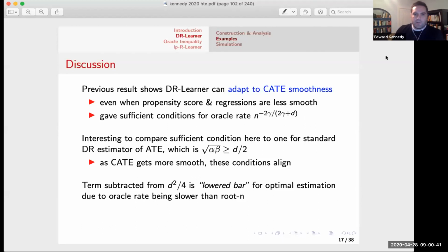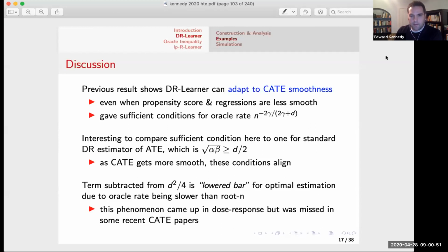So the term that you subtract from the sufficient condition, this d squared over 4, is like representing this lowered bar that we need for optimal estimation in these problems. There's an interesting trade-off here: it's a harder statistical problem than average treatment effect estimation. You necessarily get slower rates because it's a nonparametric regression type problem.